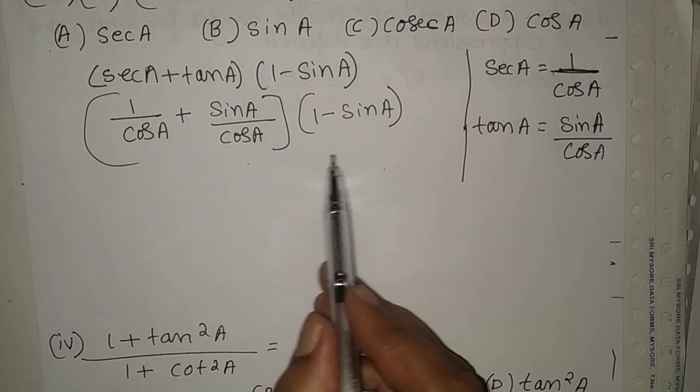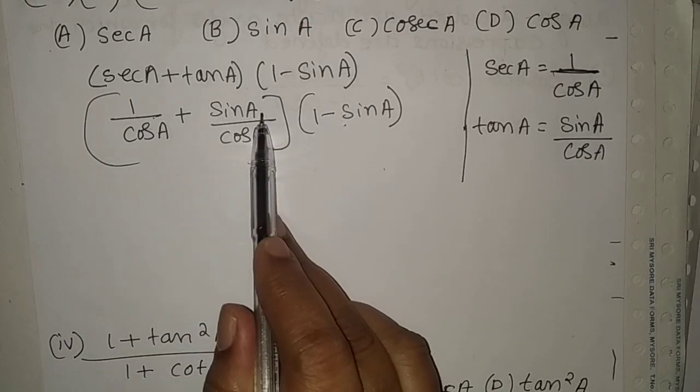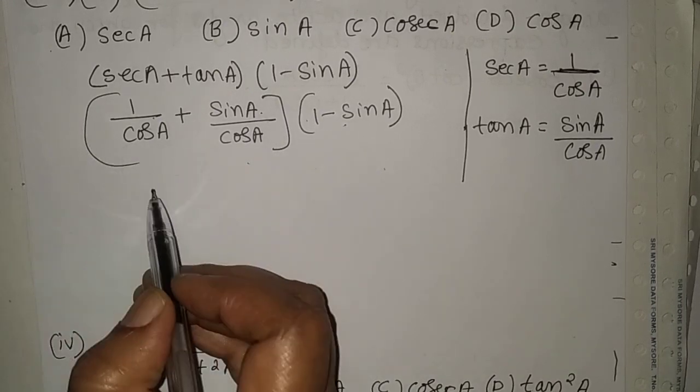Now we have to multiply: 1 minus sin A into this and 1 minus sin A into this.